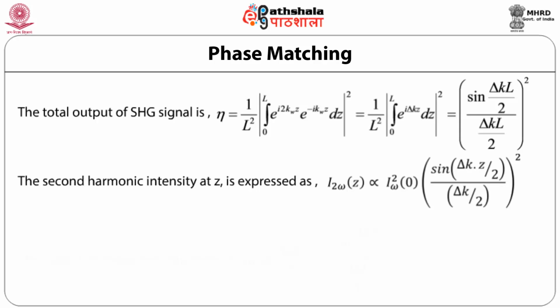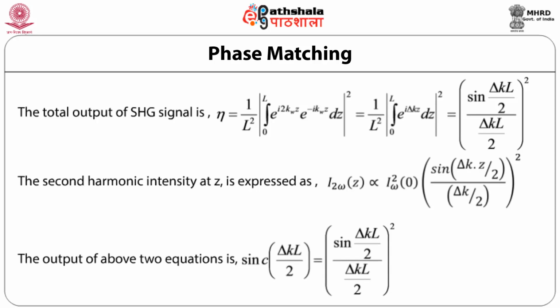This function has a maximum for delta k z equal to 0 and delta k z equal to 2n pi, indicating that the condition for most efficient SHG is delta k equal to 0, and it is termed as phase matching.